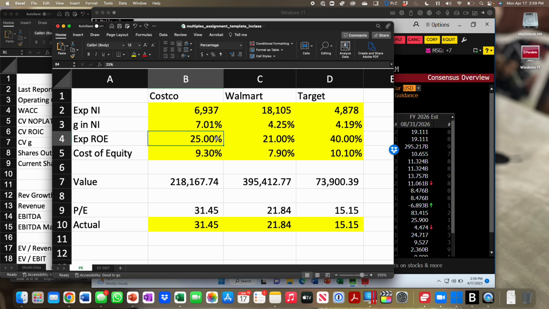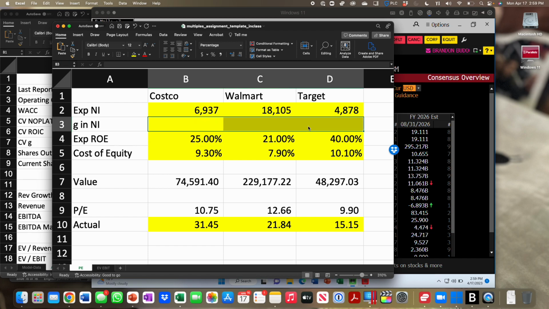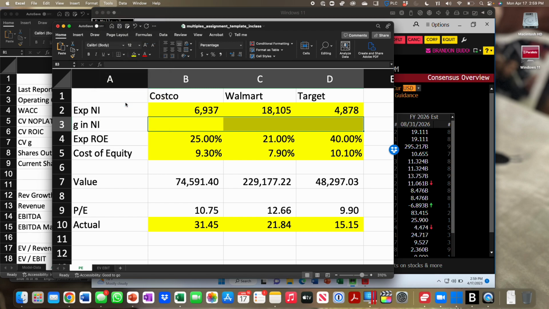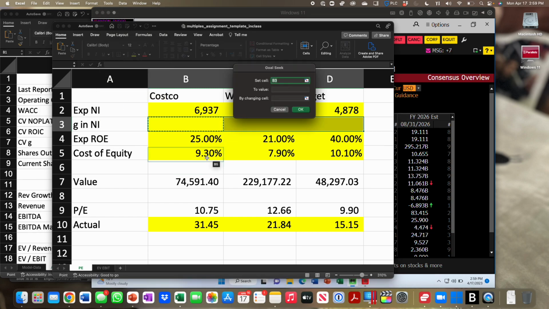Okay. So what would have happened is your spreadsheet would now look like this. And so what you would do, just like we've done in our DCF valuation models, is I would go to Tools, Goal Seek, and I would basically solve for the G that makes these two PEs, the one with the key value drivers and the observed one in the market, equal to each other.